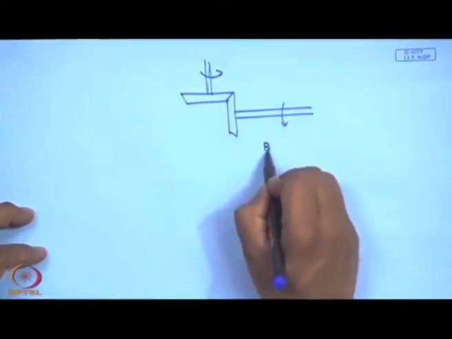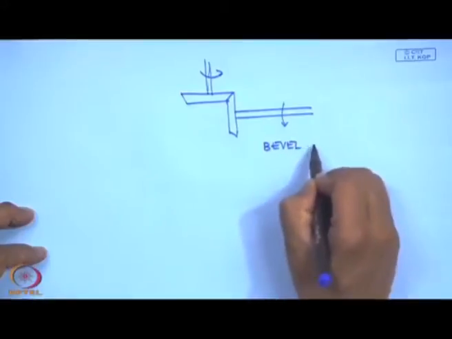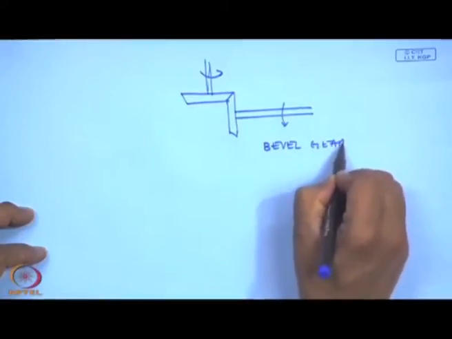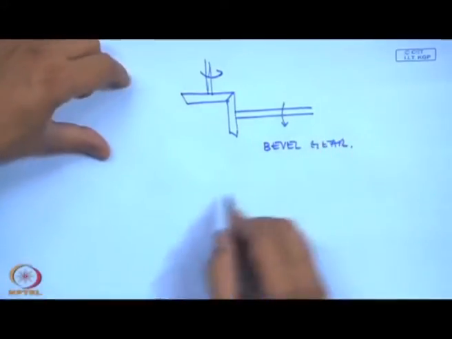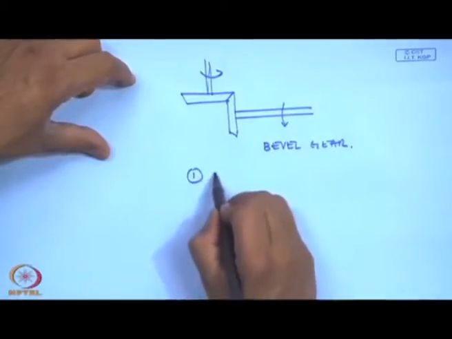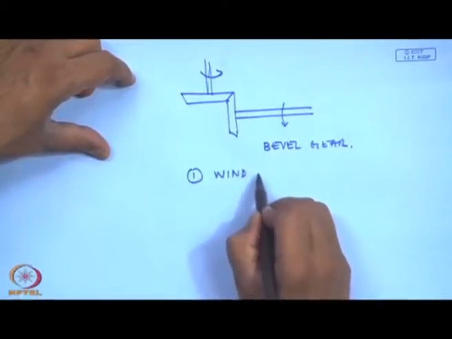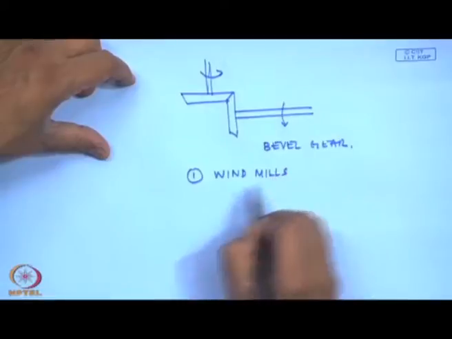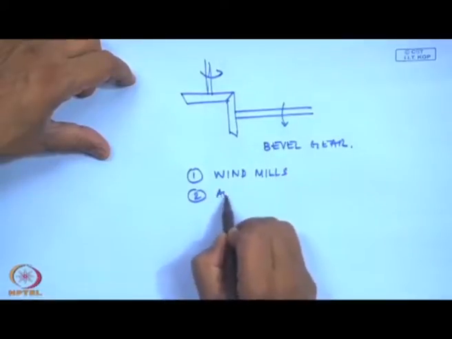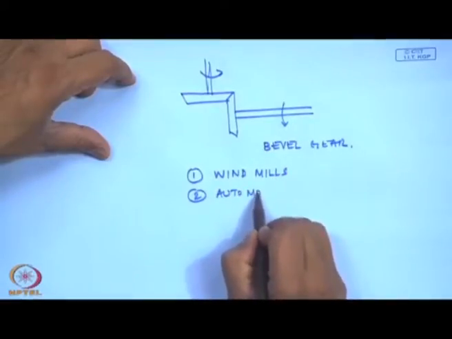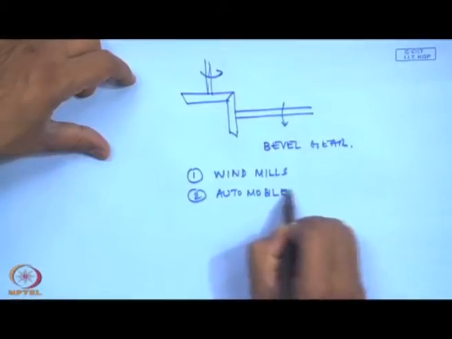So, this is a bevel gear arrangement, and such gears you will find in windmills, in automobile differentials.